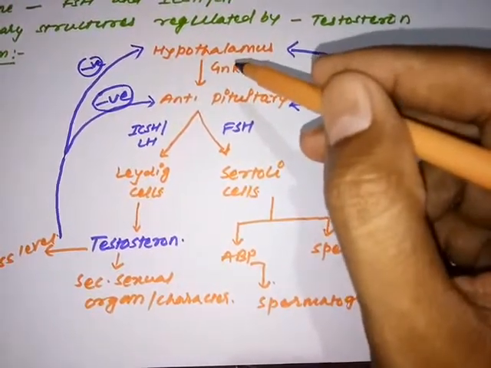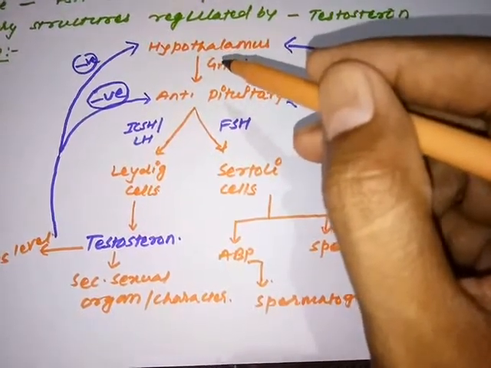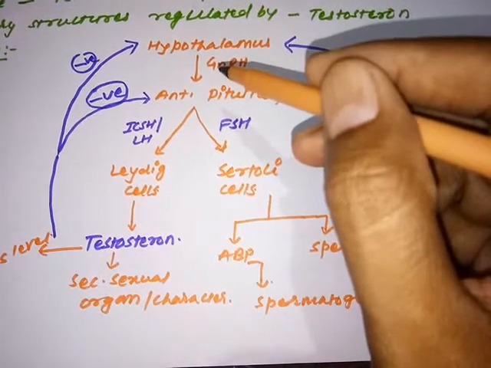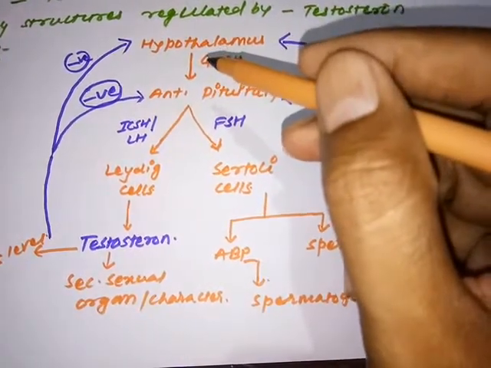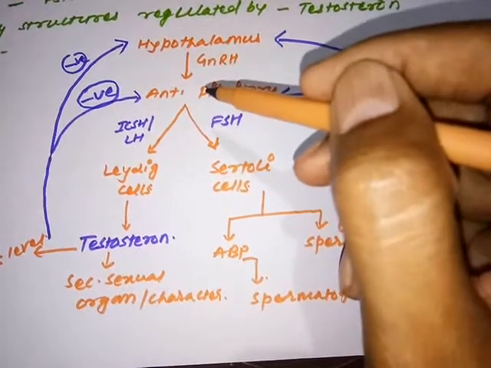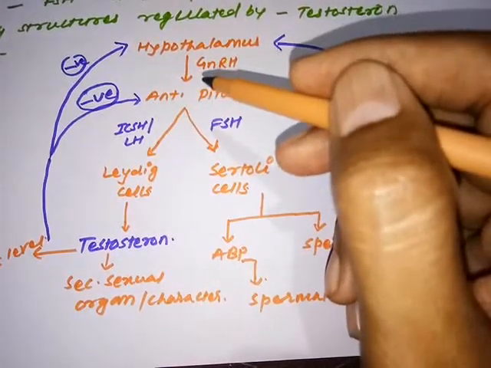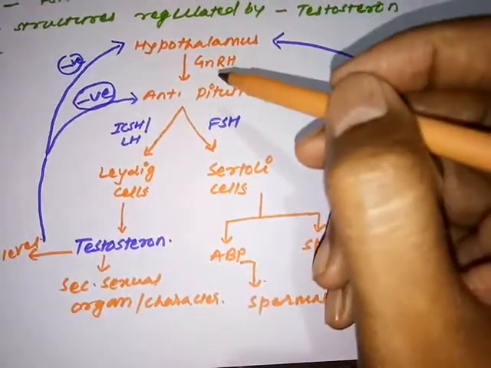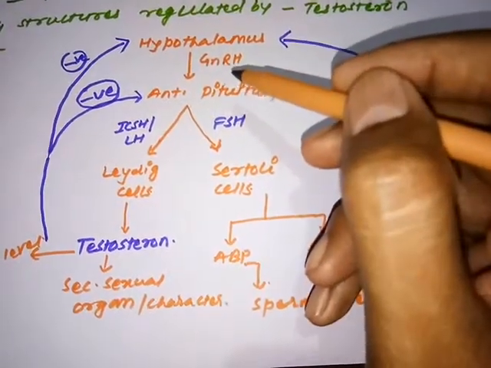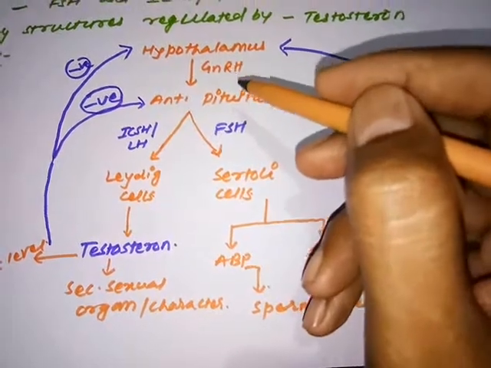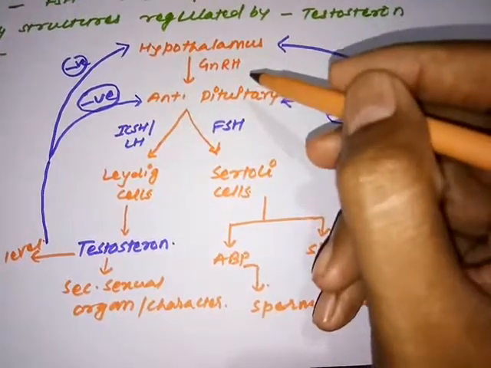The hypothalamus is part of the brain. If you remember, the brain has the diencephalon. The bottom portion of the diencephalon is called the hypothalamus, and the hypothalamus regulates the function of the pituitary. So the hypothalamus releases one hormone called GnRH. Remember, GnRH, gonadotrophin.